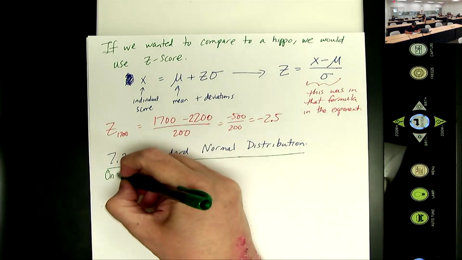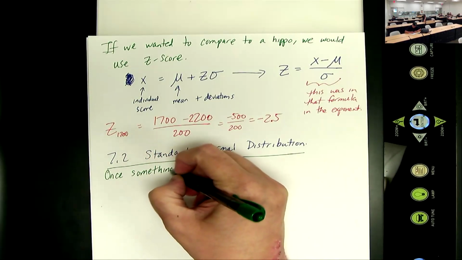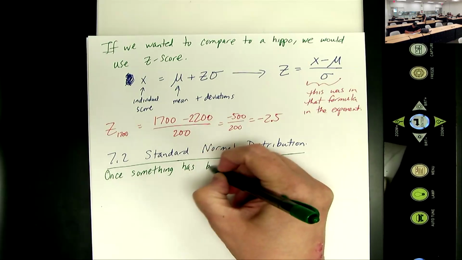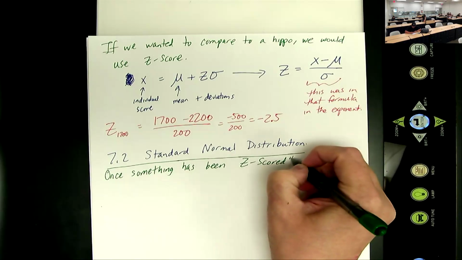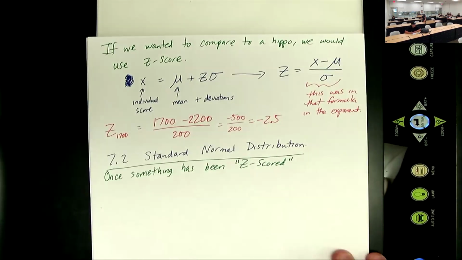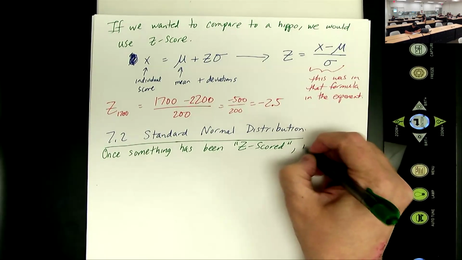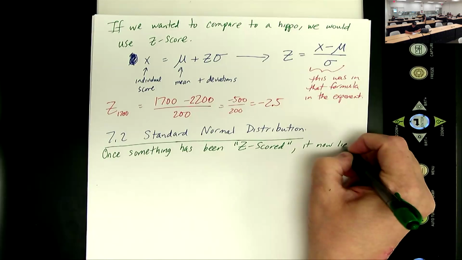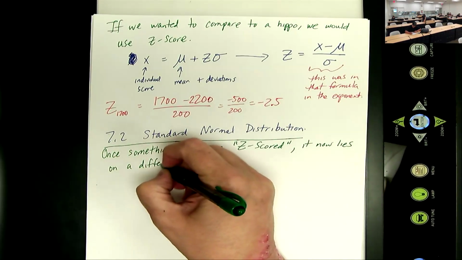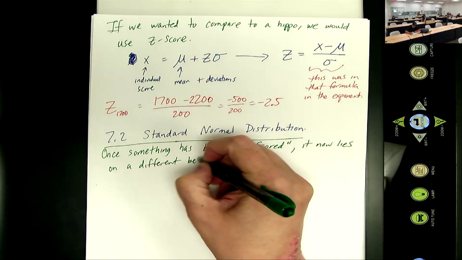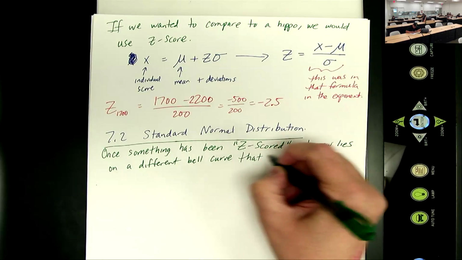Once something has been Z-scored, they'll say that it's been Z-scored or converted to a Z-score. It now lies on a different bell curve. That is applicable to anything that has been Z-scored.